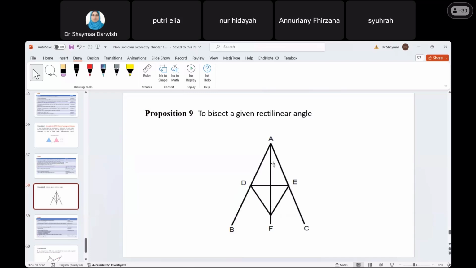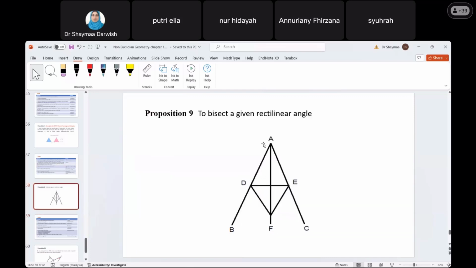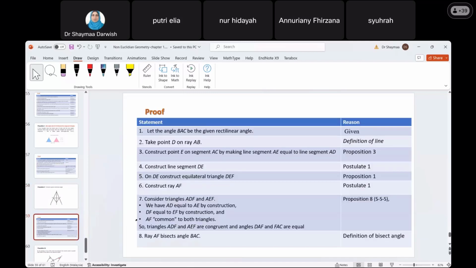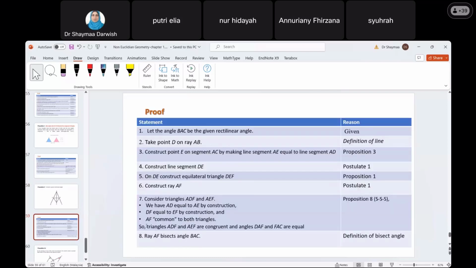Now these 2 triangles should be congruent. Consider the triangles ADF and AEF. We have AD equal to AE by construction. And we have DF equal to EF also by construction, because we drew this equilateral triangle. And we have AF common to both triangles.